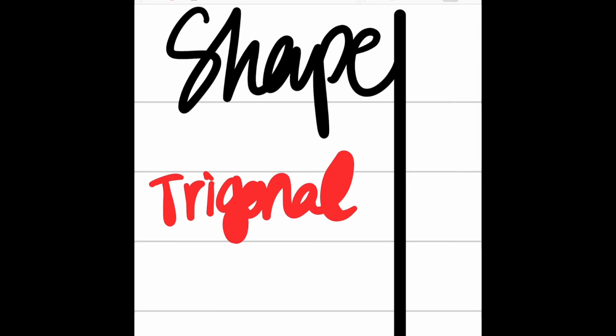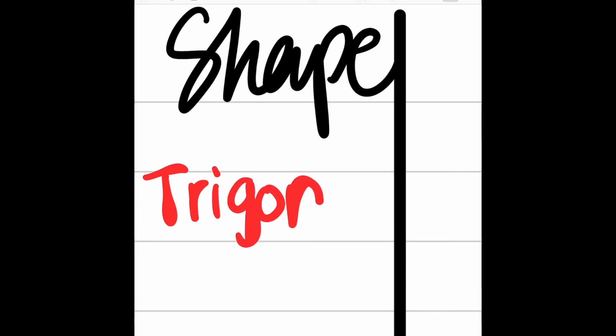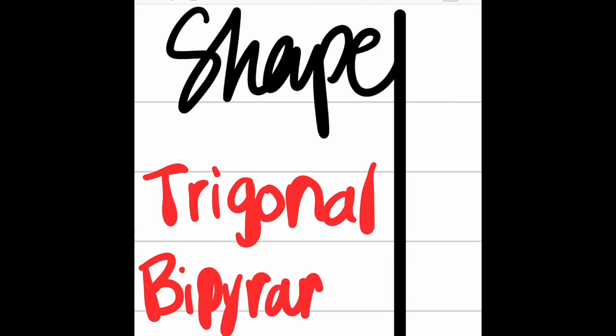So the next one on the list is trigonal bipyramidal. Oh, you cannot read that. Sorry. Trigonal bipyramidal.